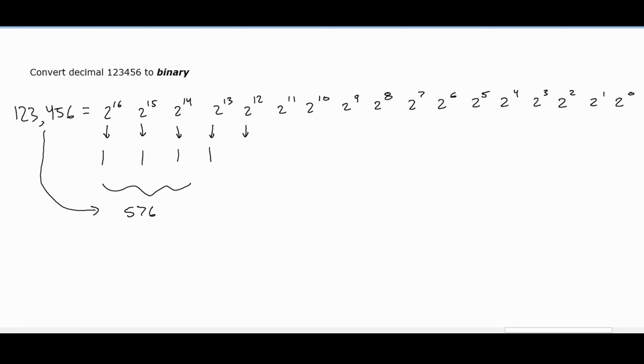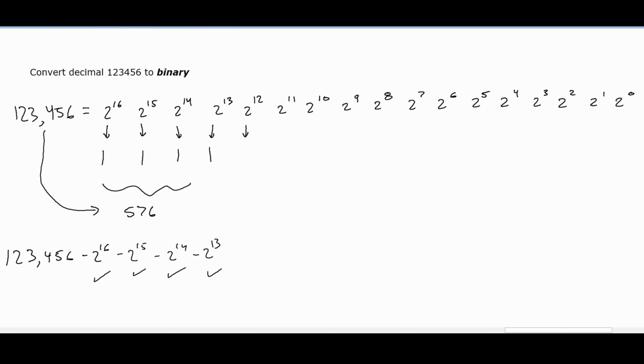And just because it's a little vague, we're going to show this on paper. So we have 123,456 minus 2 to the 16th because it's a valid number, minus 2 to the 15th, valid, minus 2 to the 14th, minus 2 to the 13th. These are all valid, and that's how we would get this 576.